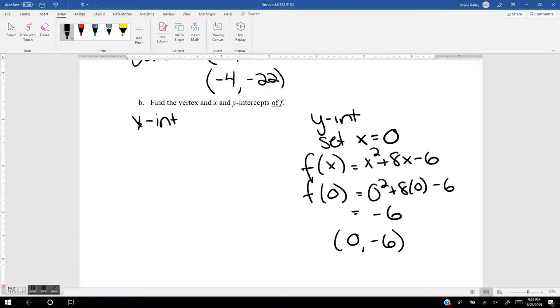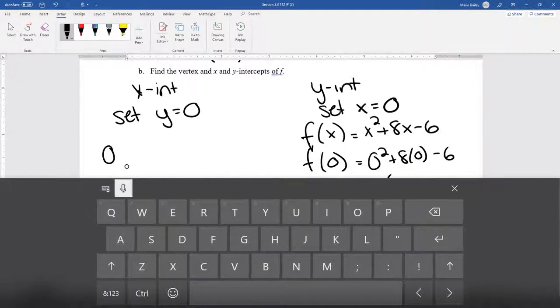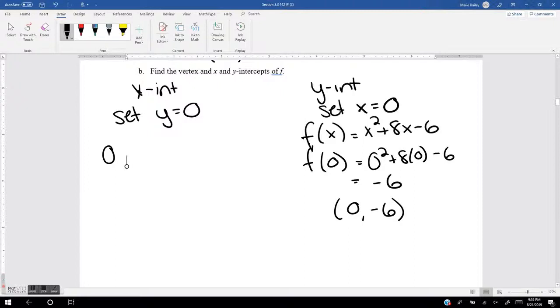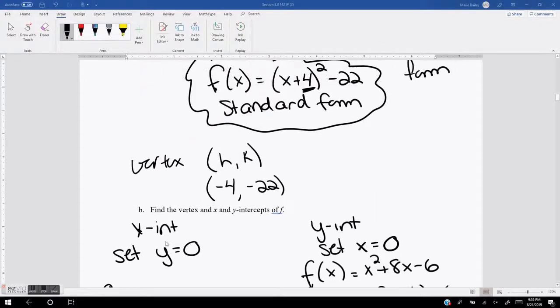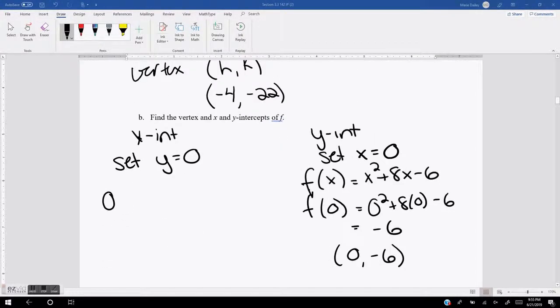All right? And then like before, to find the x-intercept, we're going to set y equal to 0. Now, I personally like to use the standard form to find the x-intercept only because it is a little easier to use extraction of roots on this problem.